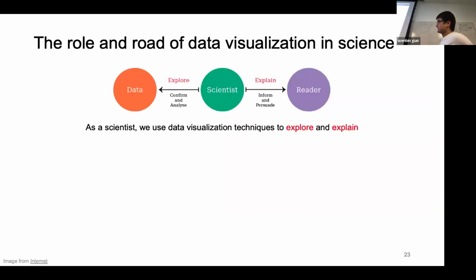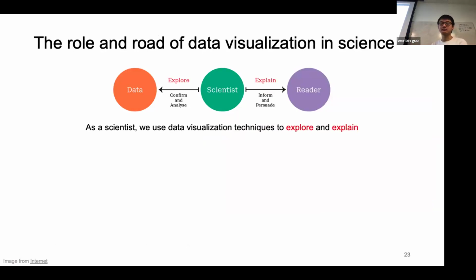And that is for our learning part. In the science part, the role and the load of data visualization is usually expressed in this form. As a scientist, we use data visualization to explore the data. We want to identify whether two variables follow a certain pattern, like we have a very good correlation, or we show some kind of weird functionality.